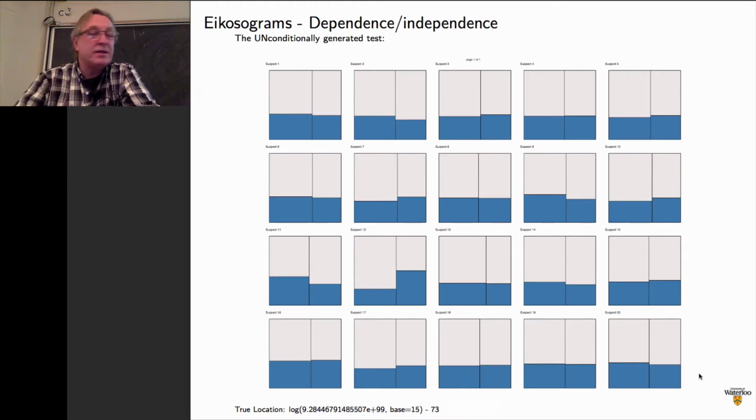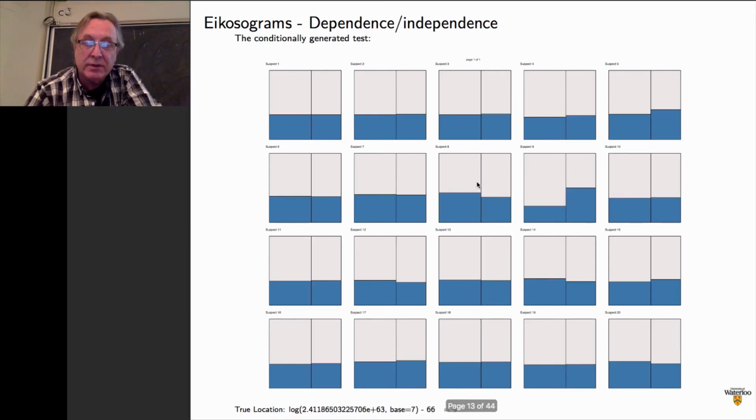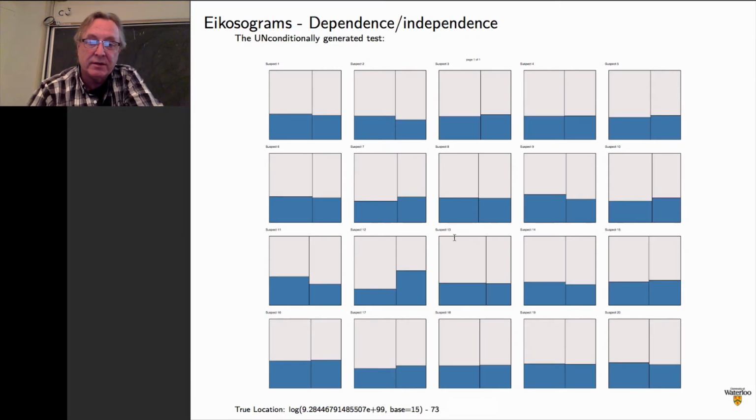The unconditionally generated test looks fairly similar, but what's different is, you'll notice, for example, here, that the number of x's in each one of these things is not the same. In the last one, all of these lined up. So that's the conditioning. I'm holding the x fixed. This is unconditionally. The x can vary according to a multinomial based on those margins. Again, anyone want to pick one here?